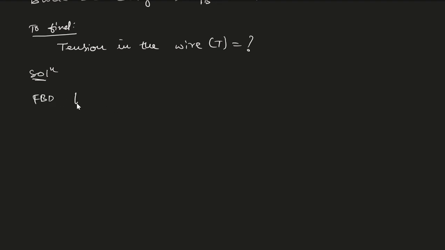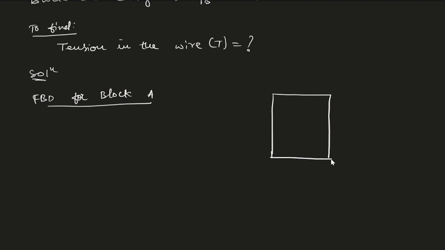FBD for block A. By looking at the diagram, we can say that this is our block A. It is resting on the horizontal surface.